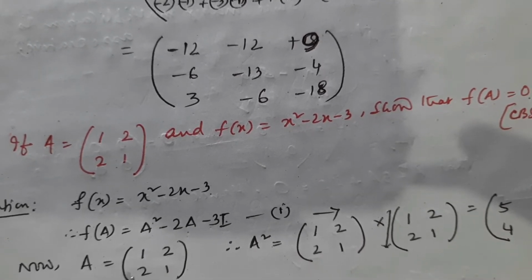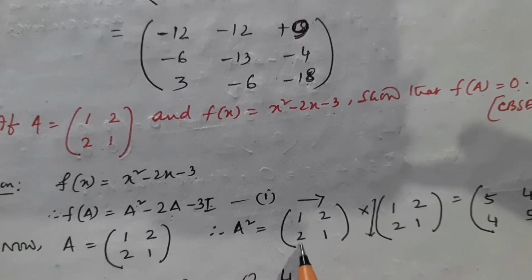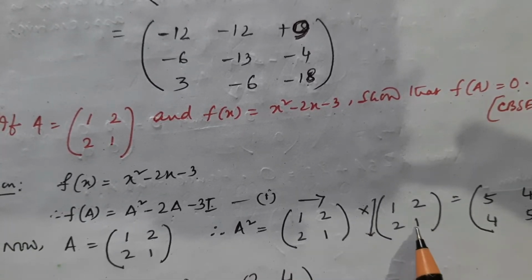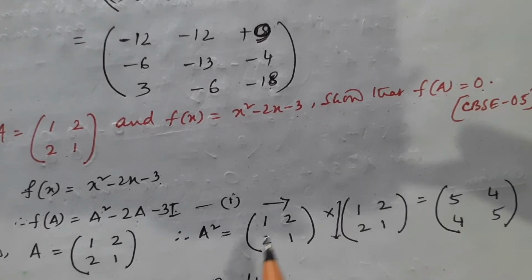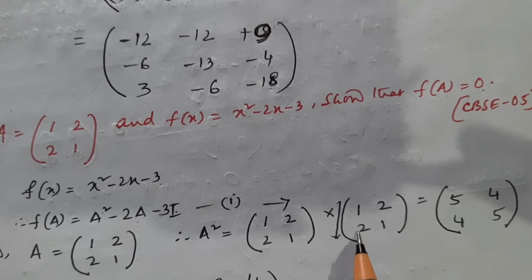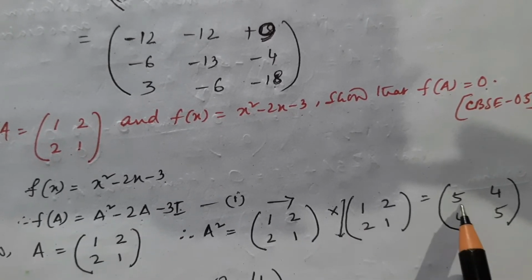Now A equals [1 2; 2 1], so therefore A square equals [1 2; 2 1] into [1 2; 2 1], that is row multiplied with the column. We get 1 into 1 plus 2 into 2, which is 1 plus 4 equals 5.